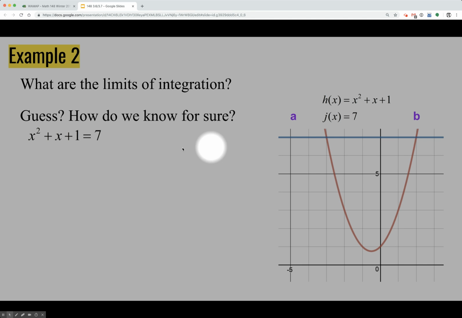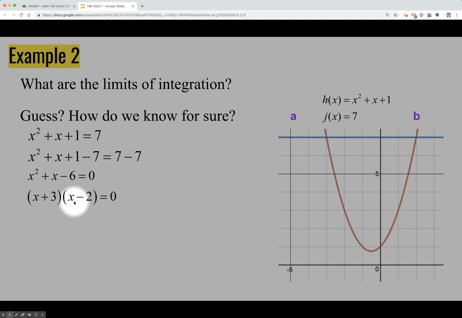So when I set h on the left equal to j on the right, and then subtract the 7 from the right side, because we have a quadratic, so we need to have 0 on the right, we end up with this quadratic, which is conveniently factorable.